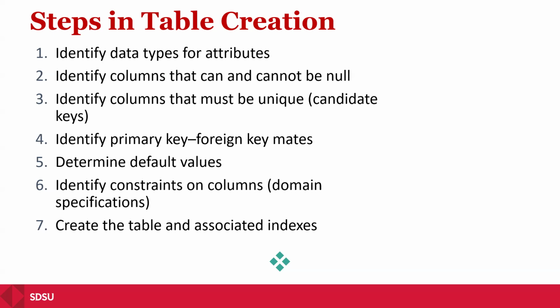Some people do that during the ERD, others do it during table creation. But bottom line, you need to start by identifying data types and attributes. Attributes are going to be columns in the database. You also need to identify columns that can be null. This is very important because for those columns that cannot be null, you will need to set up certain constraints.